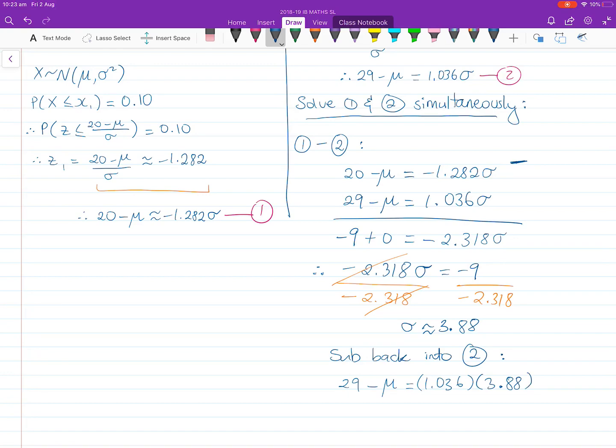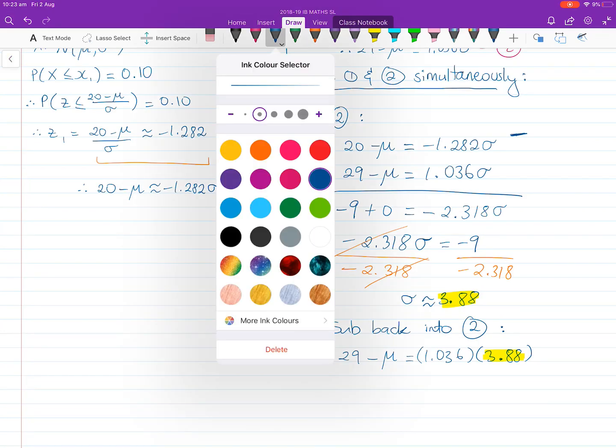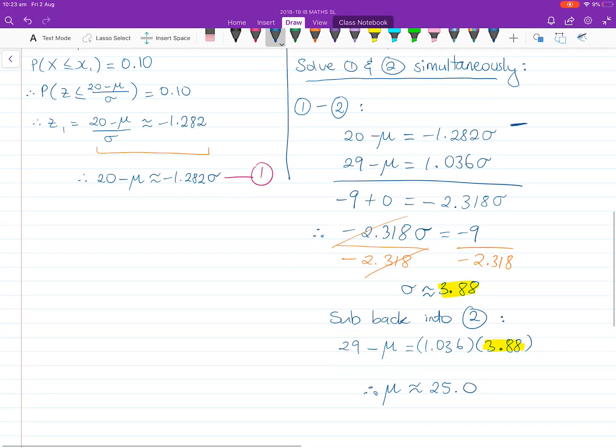What I would recommend is, make sure you put in not just 3.88 in the calculator, put in the whole long big decimal. It'll make it more accurate. Whatever that value is, rearrange with the 29, make mu the subject. I'm going to let you guys do that with the calculator, and hopefully we get a mean of approximately 25.0.